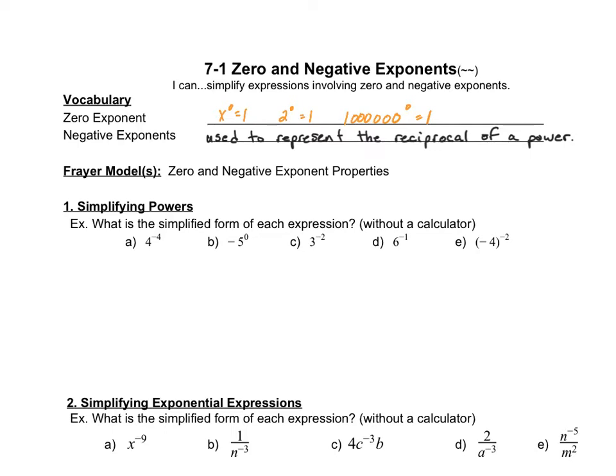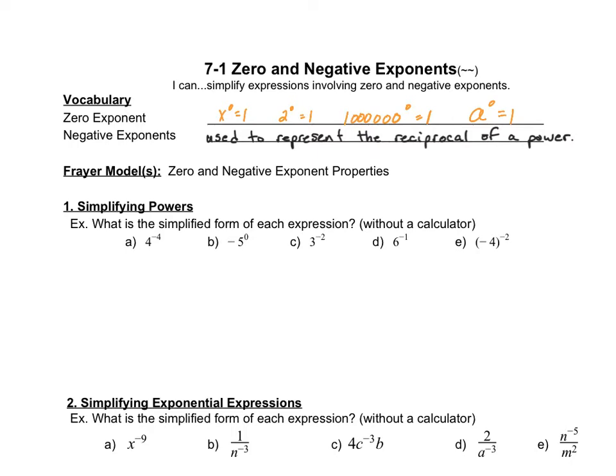You can put a number into the calculator with the 0 exponent and it will give you a 1. Variables, on the other hand, we can't put into the calculator to get that result, but if we understand the property that any number with a power of 0 is going to be equal to 1, that's using 0 as an exponent.